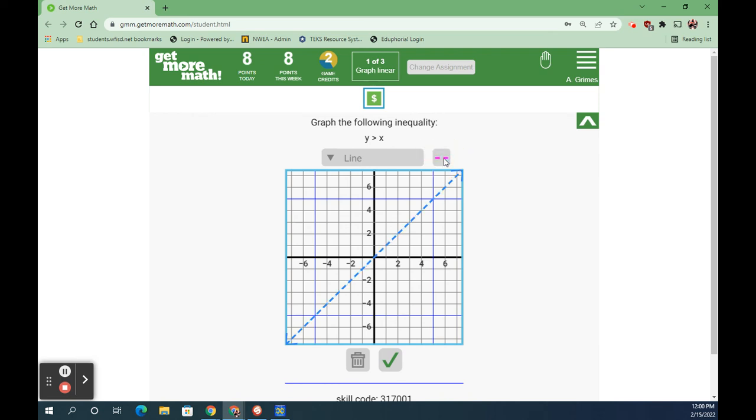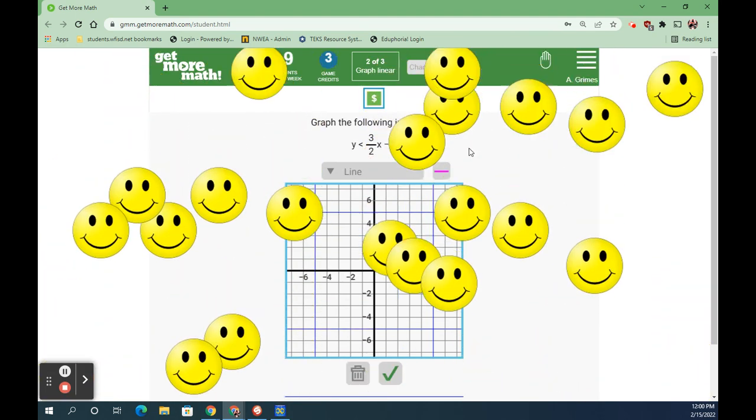Dashed. So you click that right there. It'll change it to dashed. Now, where are we shading? Above or below? Below. No. Where are we shading? Above. Okay. There you go. It's greater than, above. You can change that line when you want to.